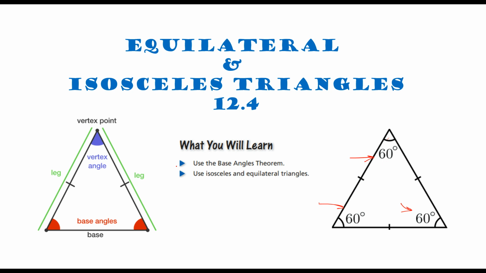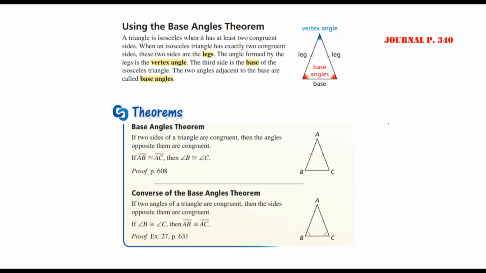So let's dive into this a little bit. We've got two main theorems. Now we just went over all that vocab, so I'll skip that. The base angles theorem is that if the triangle is isosceles, then the two base angles have to be congruent.